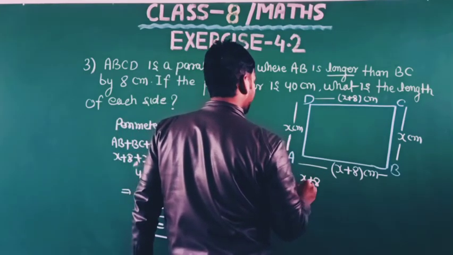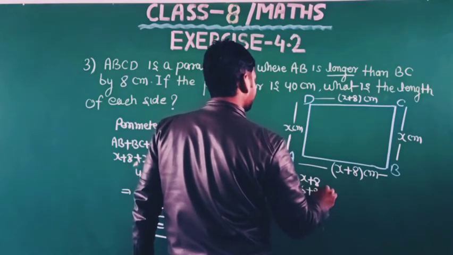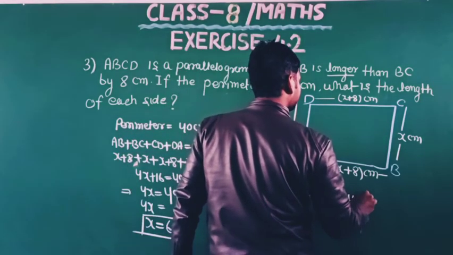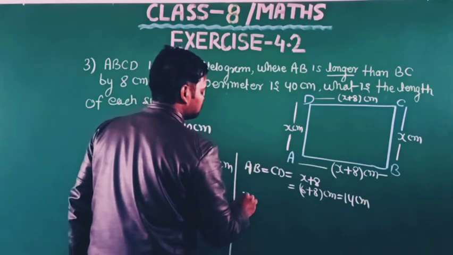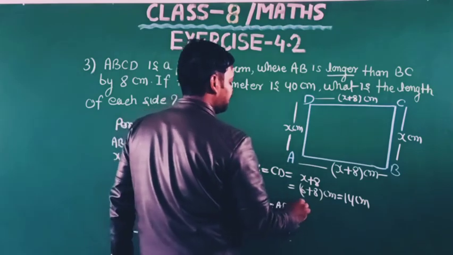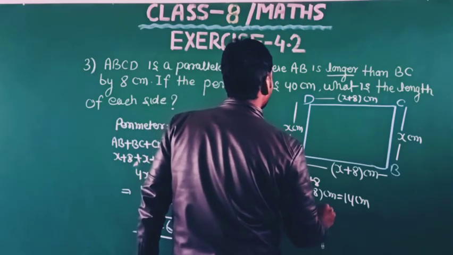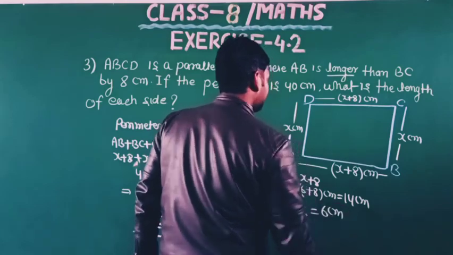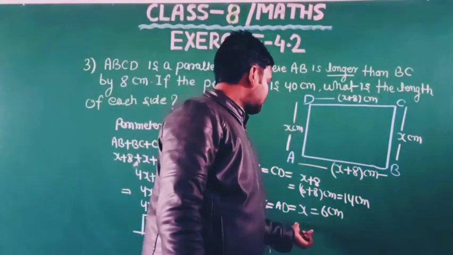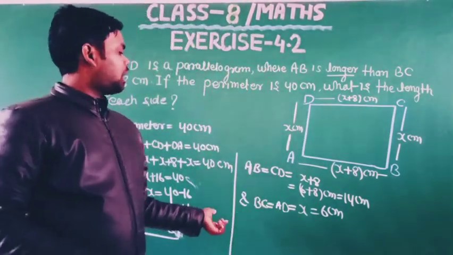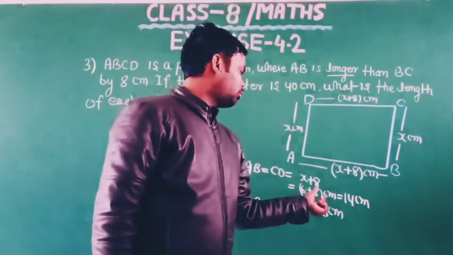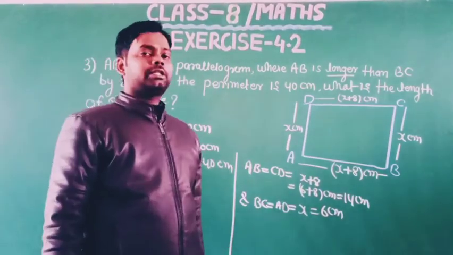Here x is 6, so 6 plus 8 equal to 14 centimeter, and BC equal to AD equal to x equal to 6 centimeter. So this is the length of each side of parallelogram ABCD: AB and CD equal to 14 centimeter, BC and AD equal to 6 centimeter.